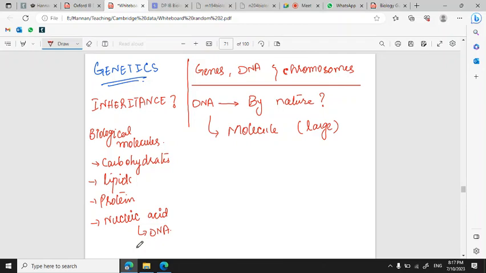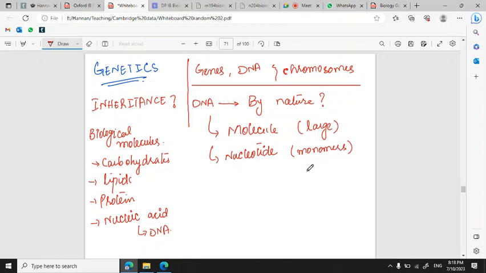And yes, you also said that DNA is made up of nucleotides. The role of the nucleotide in the DNA is that nucleotides are actually the monomers of the DNA. Now, what is a monomer?